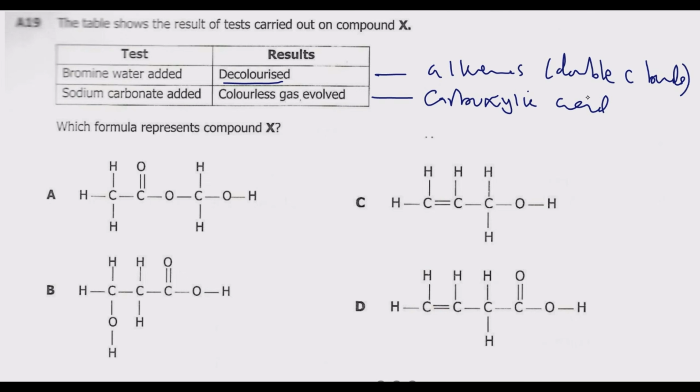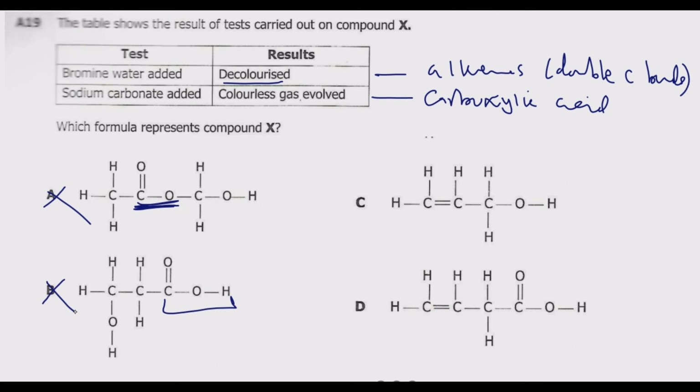So the compound should have a double bond and should also have the carboxylic functional group. If you look at A, it has no double carbon bond, but it has the carboxylic functional group, so A is out. We look at B. B does not have the double bond, though it has the carboxylic functional group, so it's out.